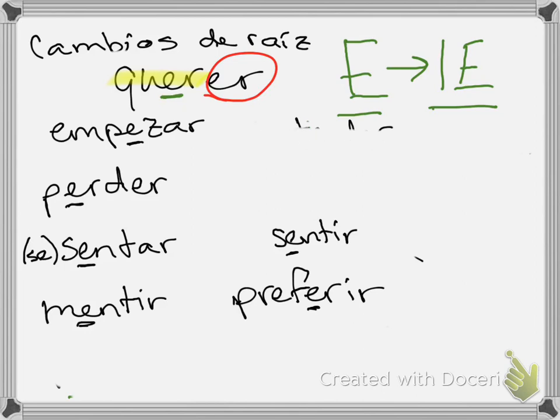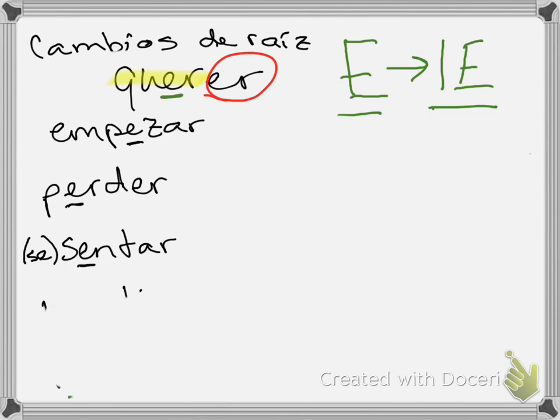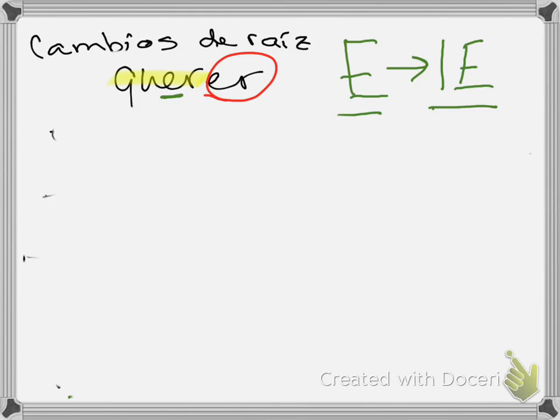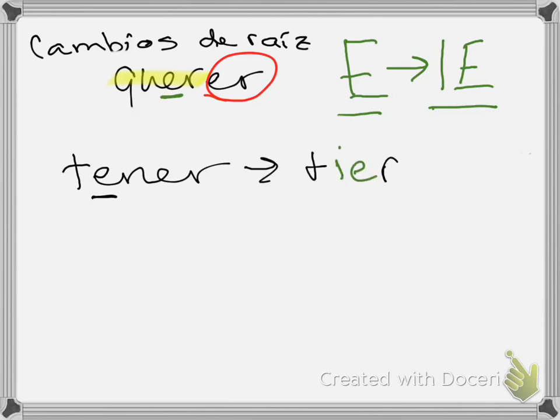We also have a couple that not only have the stem change, but they also have some other changes too, right? So for example, the verb tener, going back to our first word. Tener is a little bit special. Yes, it changes into tiene, but I also need to remember that it has an irregular yo, okay?